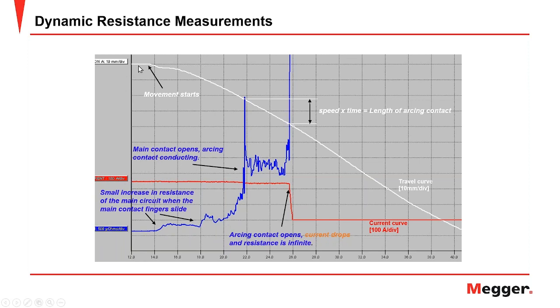If we have a measurement of the movement, we can see a consistent line, and the point of deviation is where the main contact starts to move.